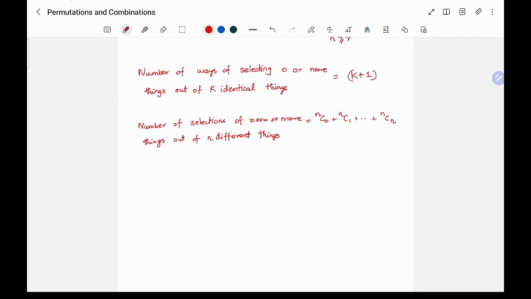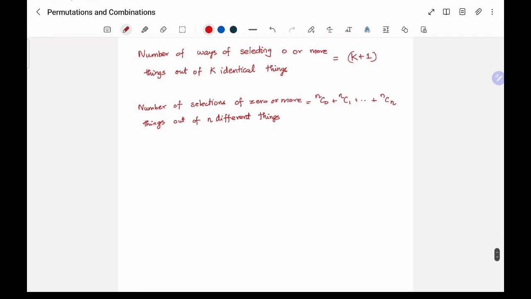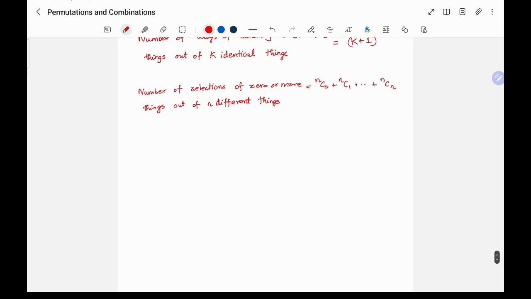If you also see it the other way, we already discussed it in the previous lecture. So if there are n objects, let's say x1, x2 and xn, selecting 0 or more means for each one I can either decide to select or not select, right? For each one I can decide both. So for each object there are two possibilities, so I need to multiply these.